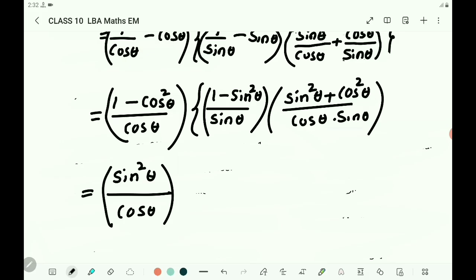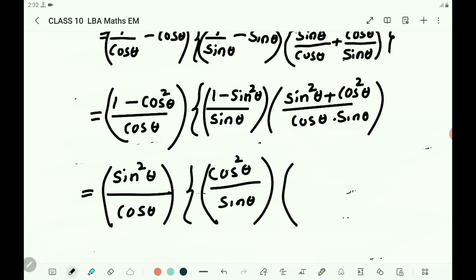Next, 1 minus sin square theta is cos square theta by sin theta, into the value of sin square theta plus cos square theta is 1 by, write this cos theta into sin theta as it is, into sin theta.